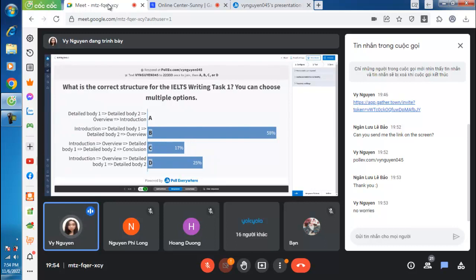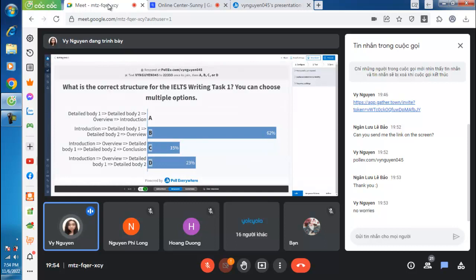D is also acceptable, and D is actually one of the most common ways to organize your writing, right? However, for C, we should not use it at all, because when you already write an overview, you should not write a conclusion, because they are basically the same thing, right? They are the same.